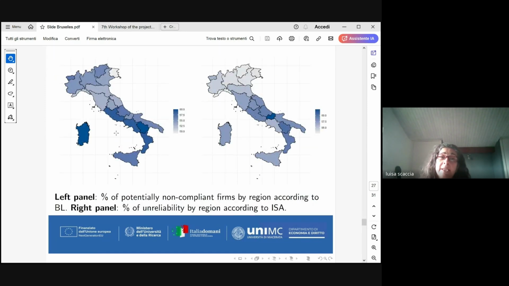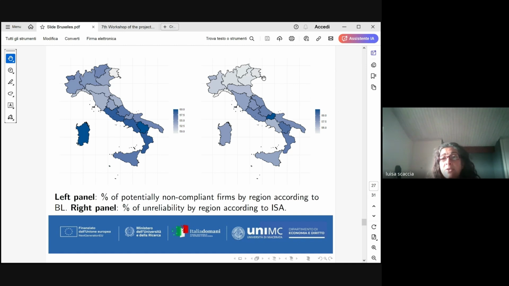This is in more detail at regional level. So here on the left, you have the percentage of potentially non-compliant firms according to our methodology. And here you have the percentage of unreliability according to the ISA index. For example, we have 3 regions, Calabria, Basilicata, and Lazio, which are among the 5 regions most affected by tax evasion in both ratings.